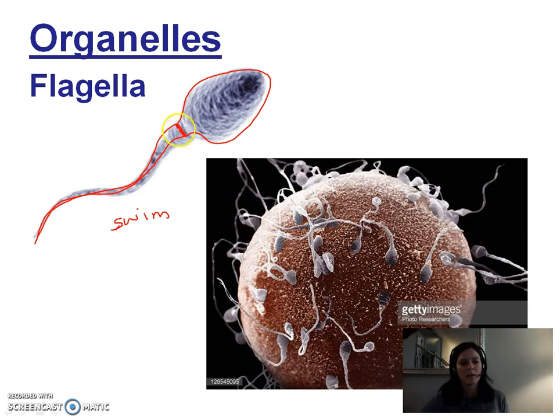It has lots and lots of mitochondria in it that give it lots of energy, and so it can make its way through the female reproductive tract until it finds the egg where it can attach to the egg. So the flagellum, as far as we are concerned, is specific to the sperm, and we'll get to that later in the reproductive chapter.